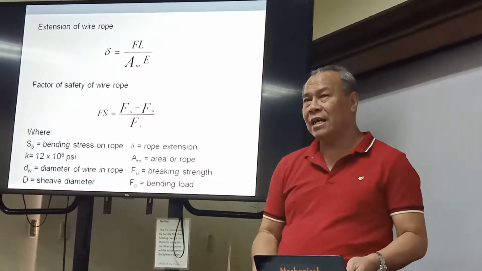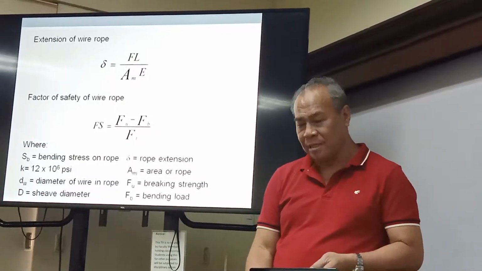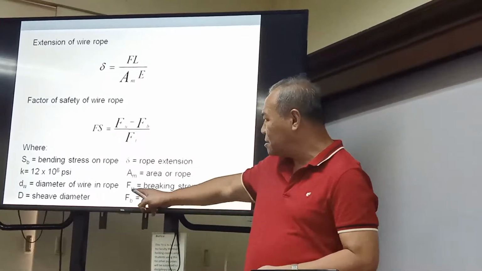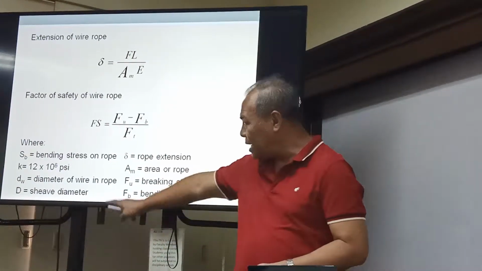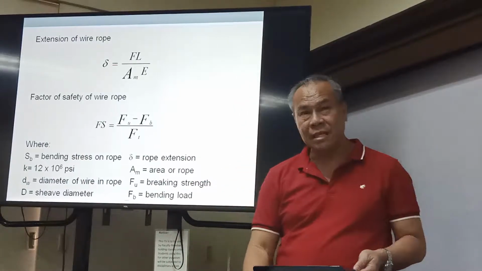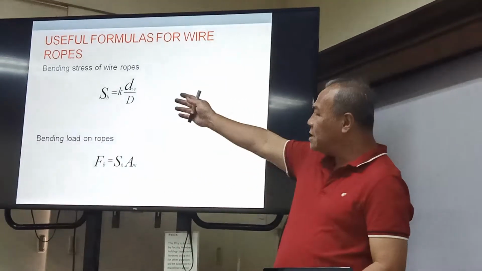Okay? Parang na-assume lang natin yan na elasticity siya or rigidity. Depende yan. Kasi meron din tayong tinatawag na modulus of rigidity or elasticity. Tandaan lang natin. Okay? Yan ay 12 times 10 to the 6 PSI in terms of your K that we have. Now, so that will be in terms of the bending stress.